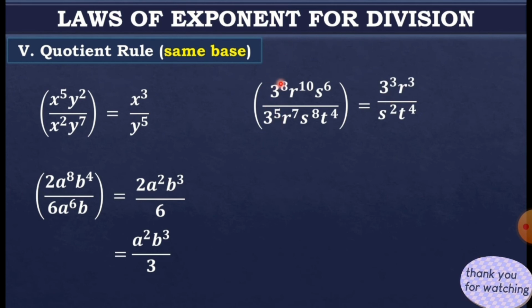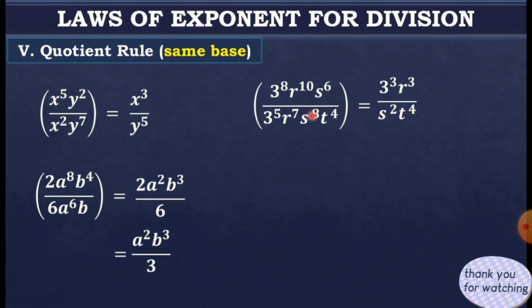So, why 3 cube nasa numerator ko inilagay? Kasi, if you check, mas malaki si 3 raised to 8 kaysa ni 3 raised to 5. So, kaya si 3 cube, yung sagot, nasa numerator ko inilagay. The same with r cube. Kasi mas malaki yung exponent ni r sa numerator, which is 10, kaysa ni r sa denominator, which is 7.